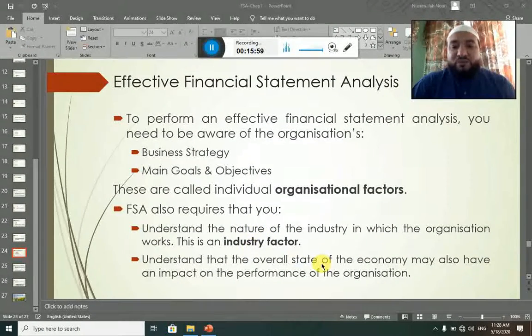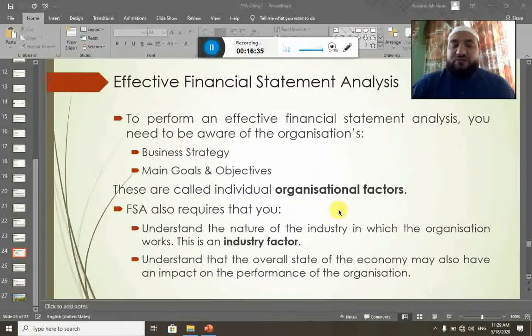And we have to know the overall state of the economy. We have to know the overall economy status. What is the overall economy? For example, the overall economy is down, and a business is doing a little bit good, so that is better information. If the overall economy is doing well and a business is not doing well, then there is a problem, right?